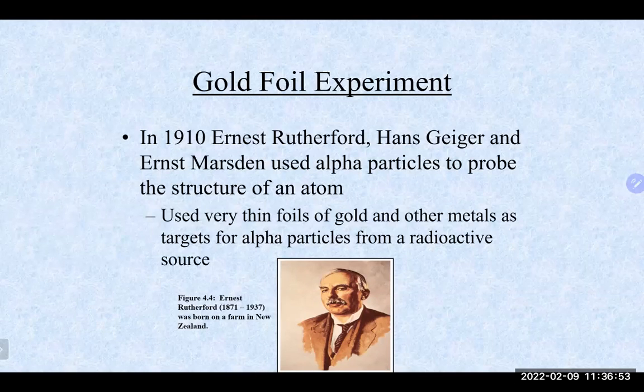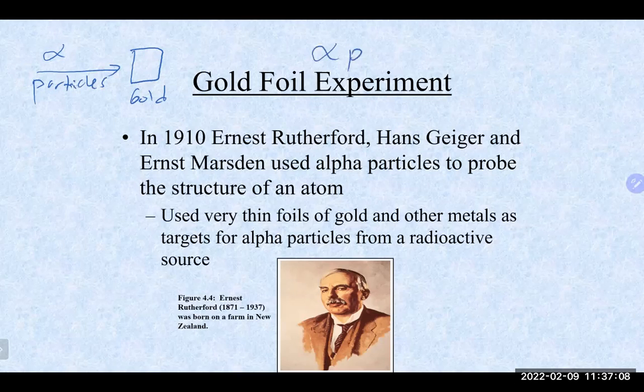He took pieces of gold foil and he shot at them what are referred to as alpha particles. What are alpha particles? Alpha particles are radioactive particles. They are positively charged radioactive particles, kind of heavy.